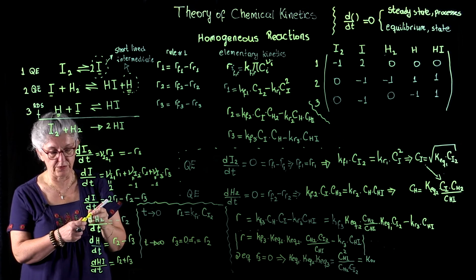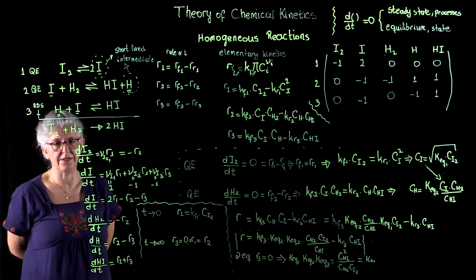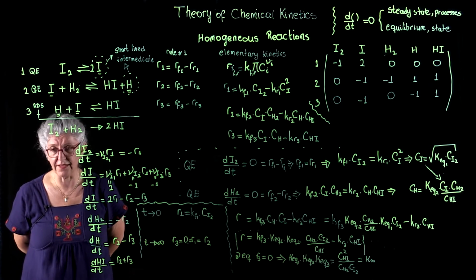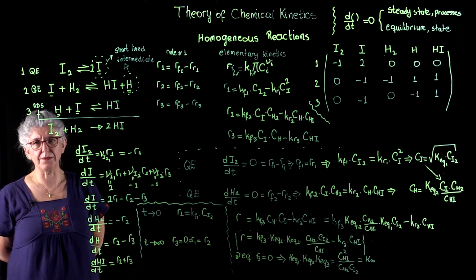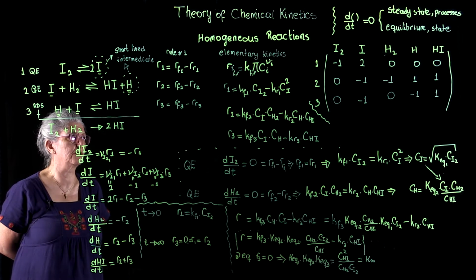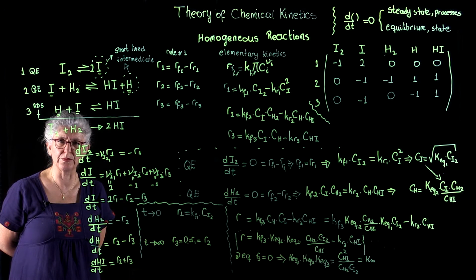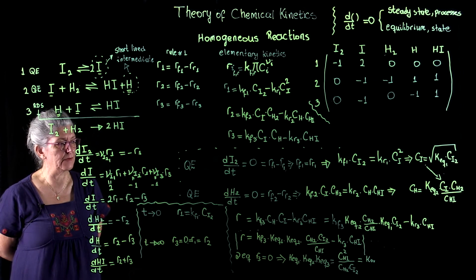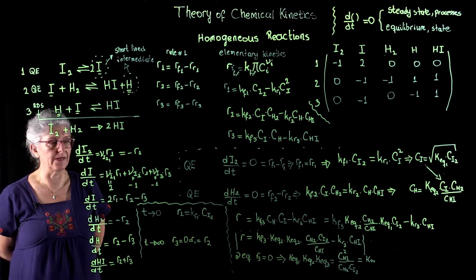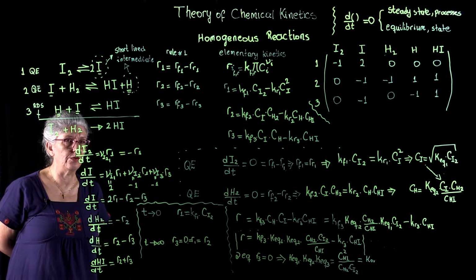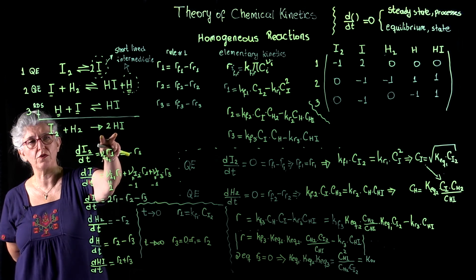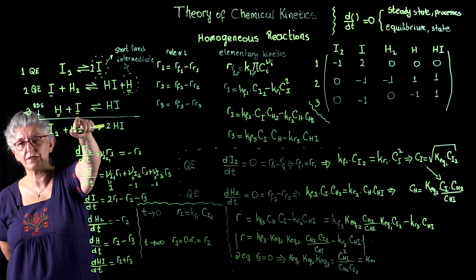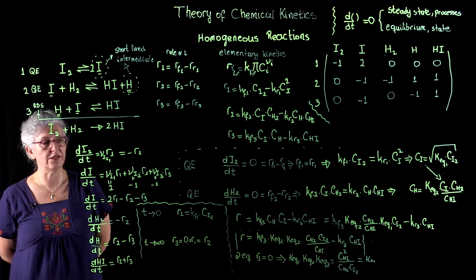Now, this is an important conclusion that we have arrived at here. In this derivation, we have established what we understand from quasi-equilibrium, from rate determining step, and also we have derived the equilibrium constant of the overall reaction as the multiplication of the equilibrium constants of the individual reactions.